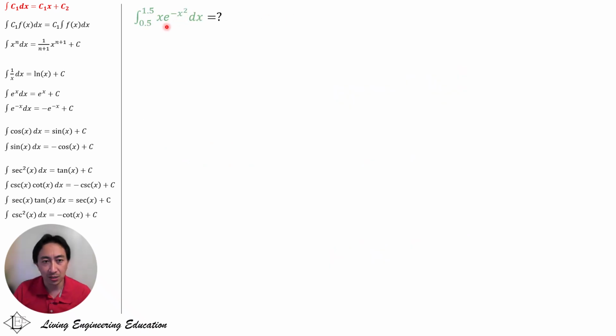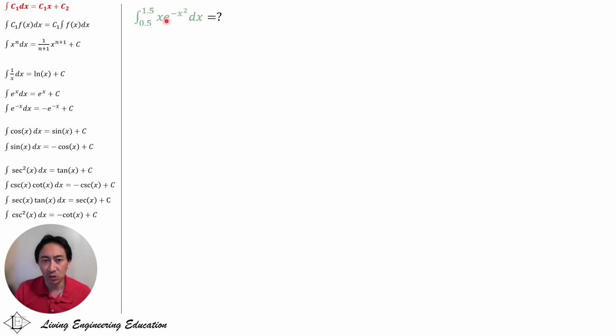Here we have x e to the negative x squared. Definitely doesn't show up in that exact form in our table. So what do we need to look at? Well, we have an x term here. A u substitution with x is not going to do us any good, remember, because a one-to-one substitution doesn't work for us.